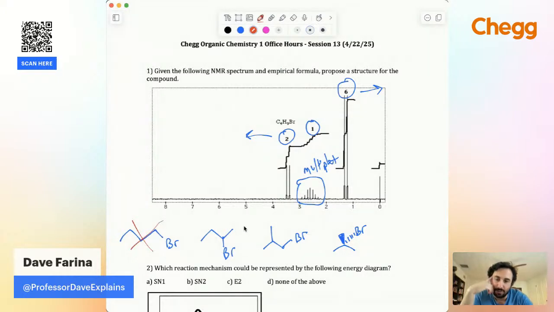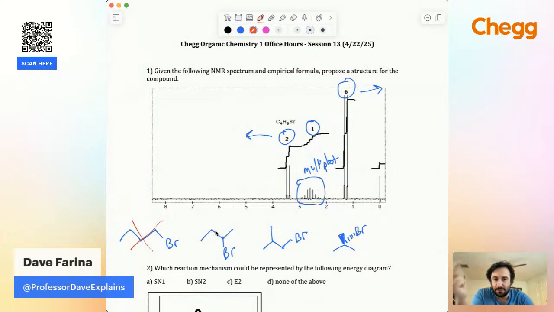That's not gonna work. Okay, over here, this also would probably have 4 peaks, right? So at first we might think, okay, we have 2 methyls, so we could have 6 identical methyl protons, but they're not identical, right? It's not symmetrical. If we had another carbon here, then the 2 terminal methyls would be identical, but it's not. The protons on this methyl are closer to the bromine than the ones out here.